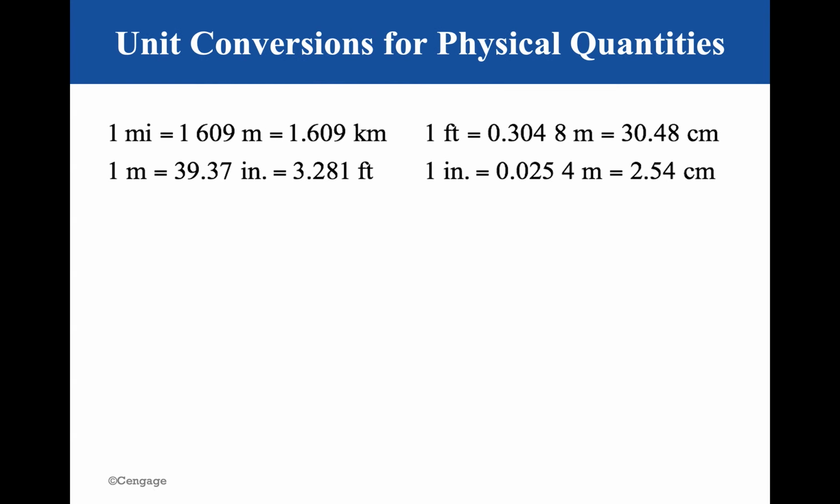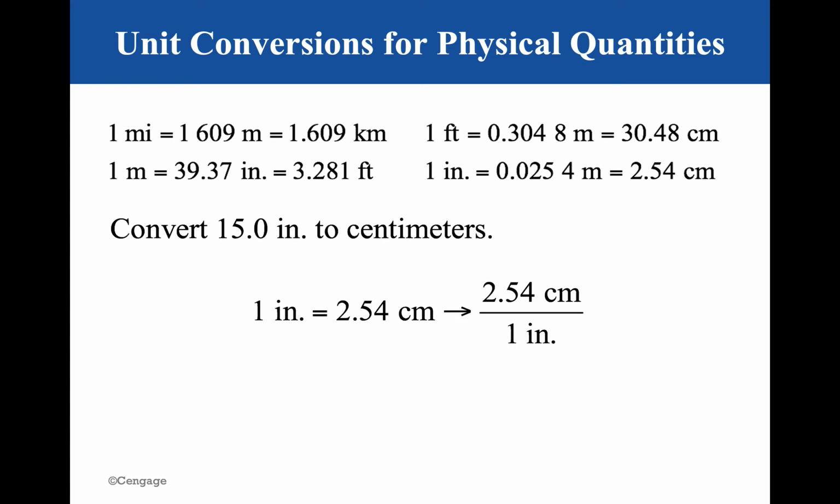You might realize there are some basic conversions we're going to have to do sometimes. You're going to convert miles to meters to kilometers. These are what the conversion rates are.